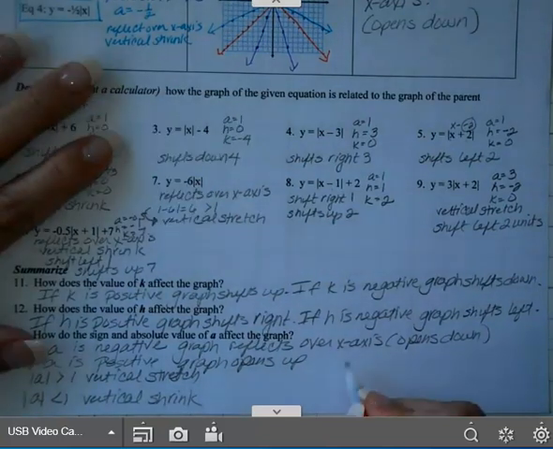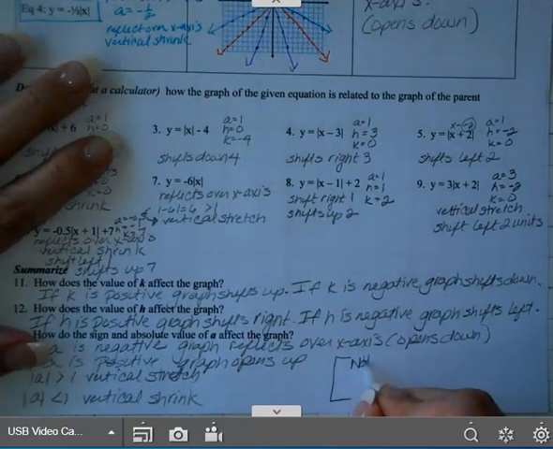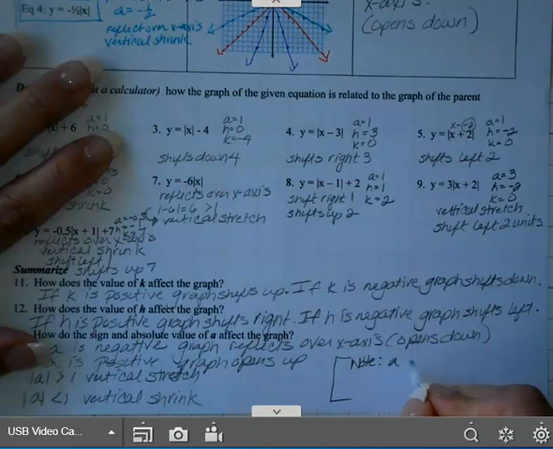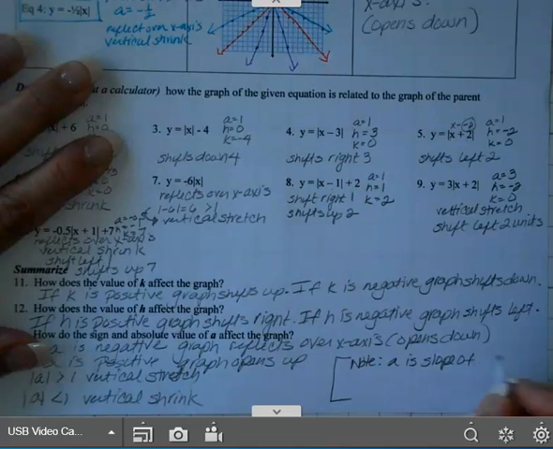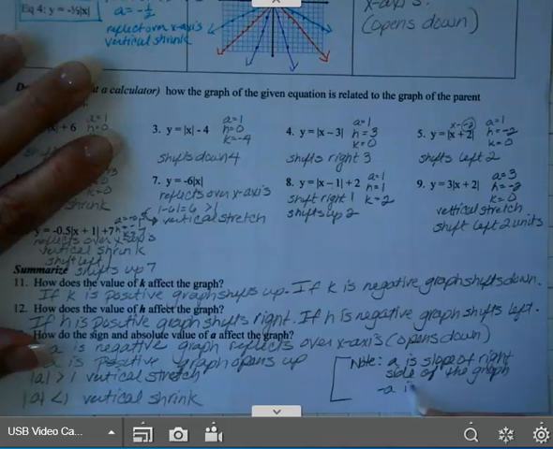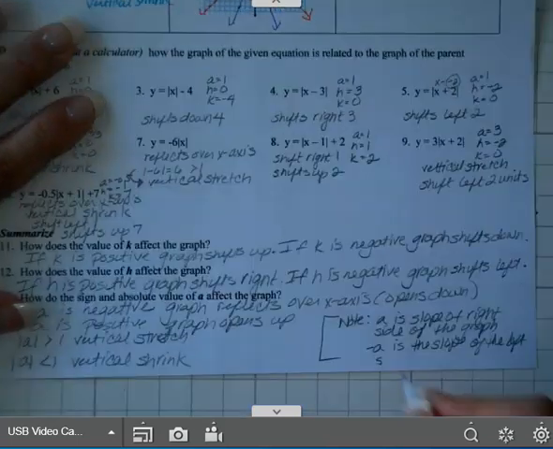And then just note A is the slope of the right side of the graph, and negative A is the slope of the left side of the graph.